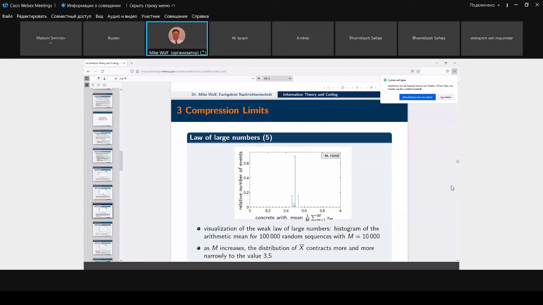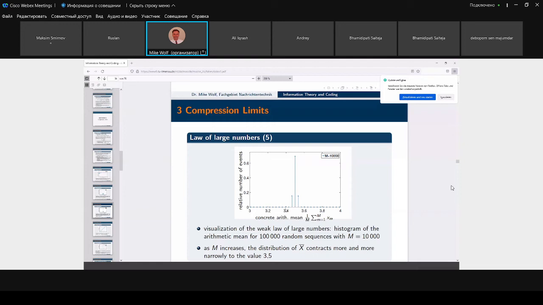So the result is always very, very close to this expected value, and in almost no cases is the result larger or equal than 3.6 or 3.4.